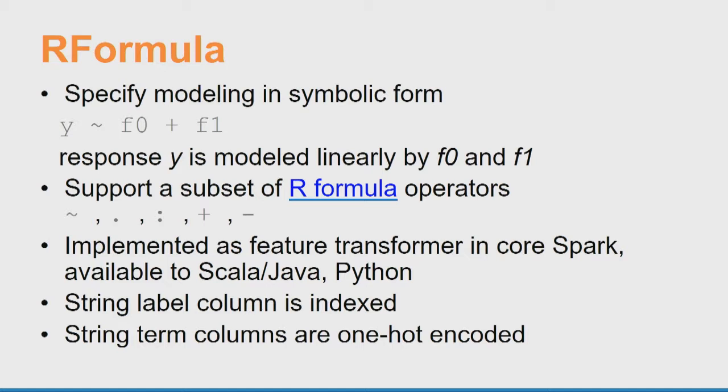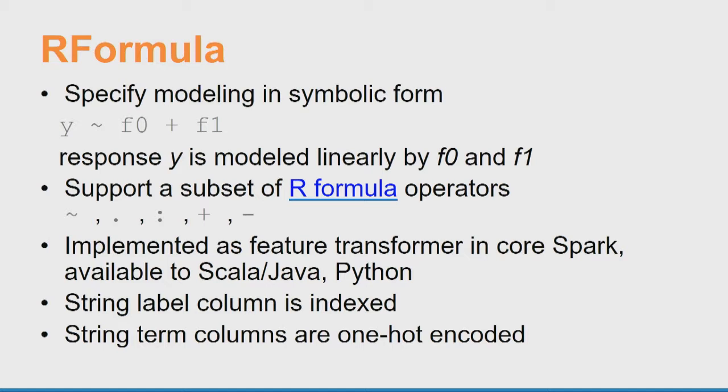This support for R formula is actually implemented, if you remember the ML pipeline diagram here, as a transformer that sits in front of everything else. What that means is, in effect, you can go back to other languages supported by Spark, like Python and Scala and Java, and use the same R formula support to signify the features you want to go into this machine learning model.